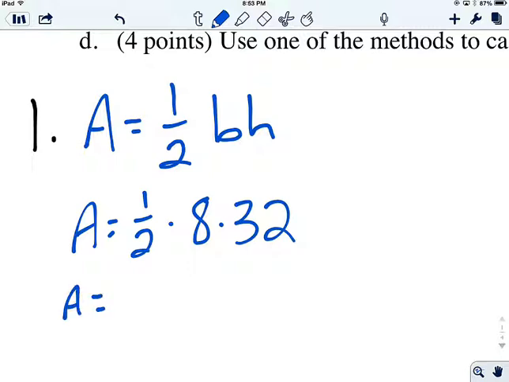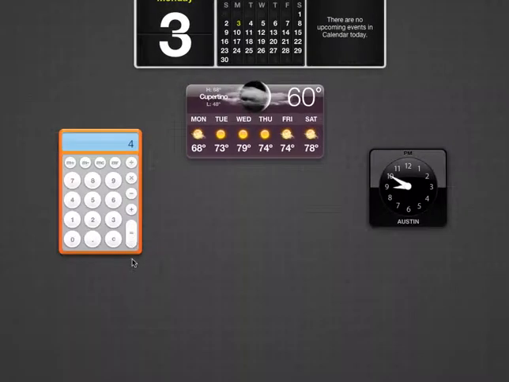Think of 1/2 as 0.5 times 8 times 32. Because when we put it in the calculator, it'll be easier to do it that way. So I'm going to go to my calculator, and I'm going to do 0.5 times 8 equals, and then we just leave that on there, and we go times 32 equals, and I get 128.